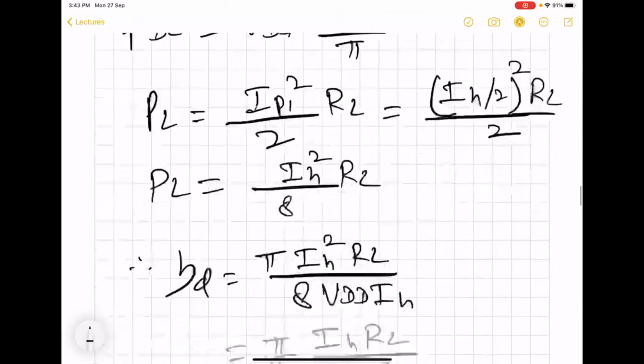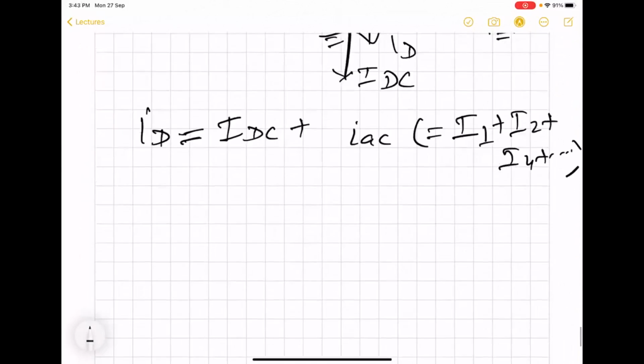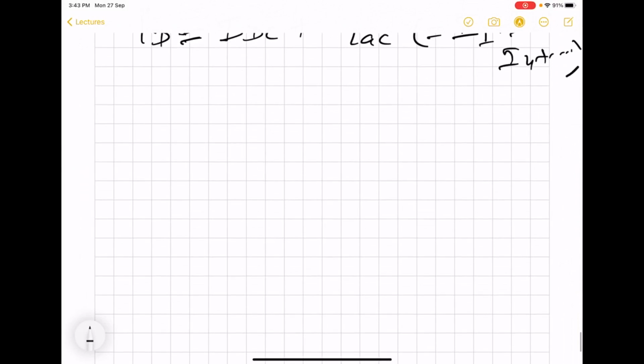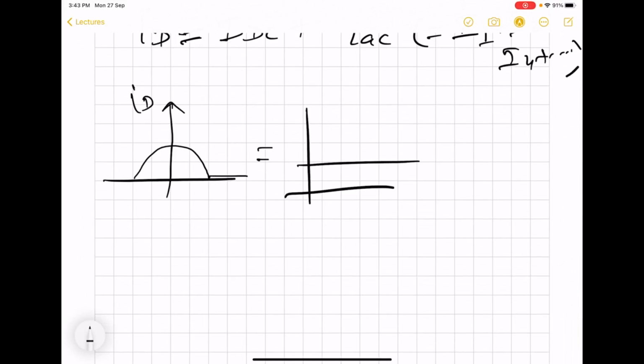So this total drain current here now will have a DC part which is equal to IH by pi, and an AC part which will be this waveform shifted down.